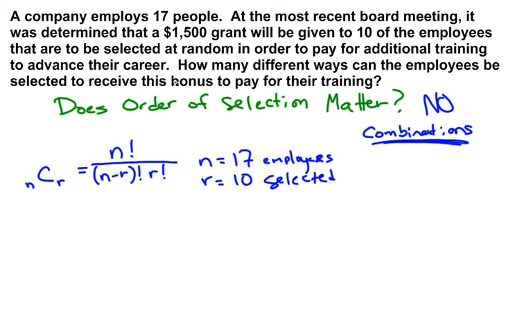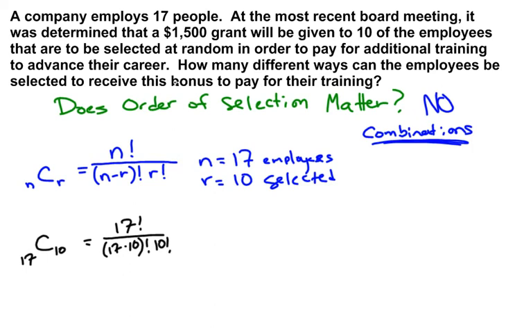Out of the 17 employees, the 10 that are selected make up r. Applying these values into the formula, we have 17 items, and we're choosing 10 of them, and that's going to be 17 factorial divided by 17 minus 10 factorial times 10 factorial.